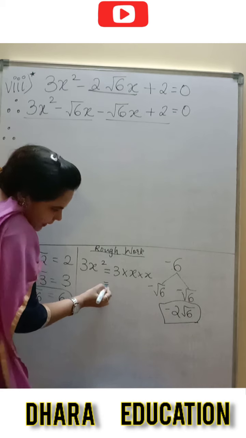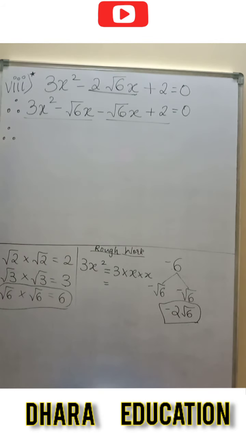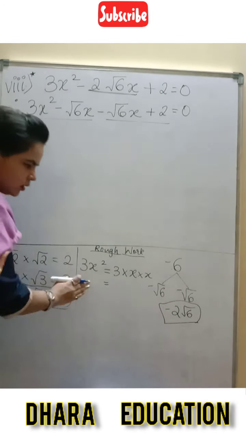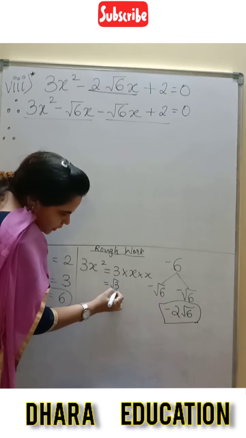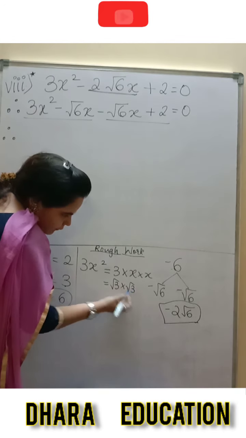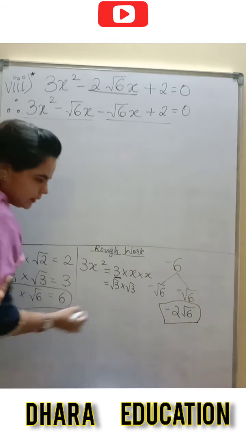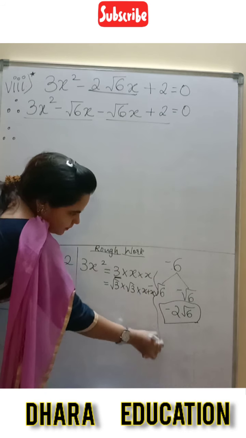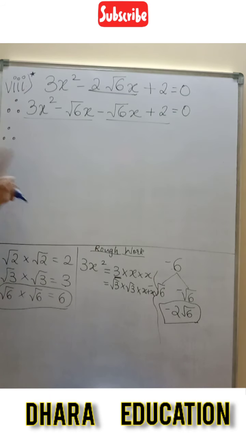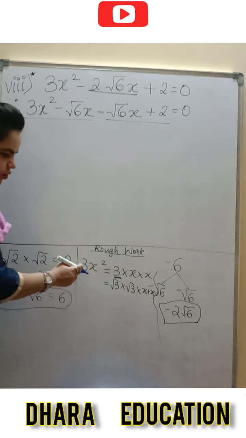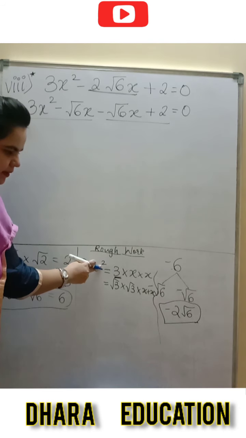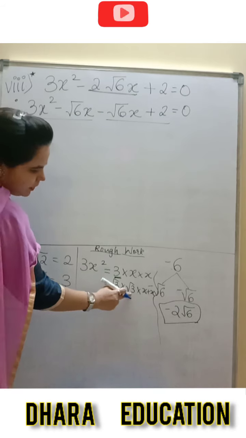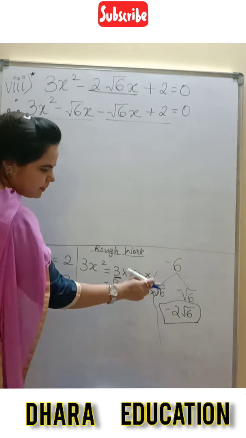So that is why, instead of 3 as normal, which we used to take in the previous lectures of the sum, here we will write root 3 multiplied by root 3, which will fulfill 3 multiplied by x multiplied by x. I repeat once again: root 3 multiplied by root 3 gives you 3. So here 3x square is there, so root 3 multiplied by root 3 multiplied by x multiplied by x.